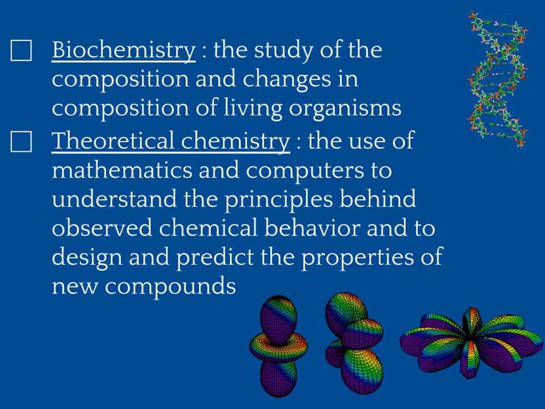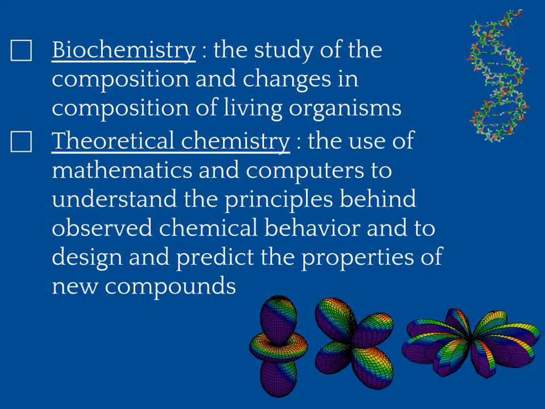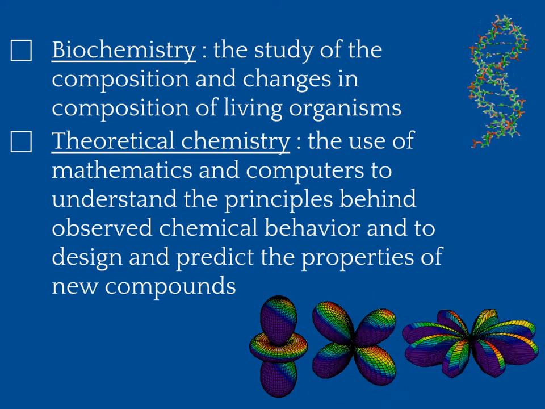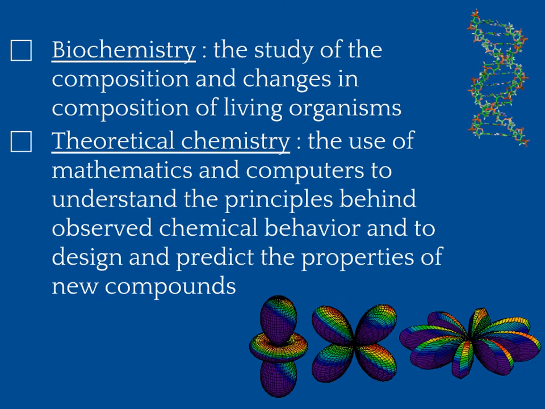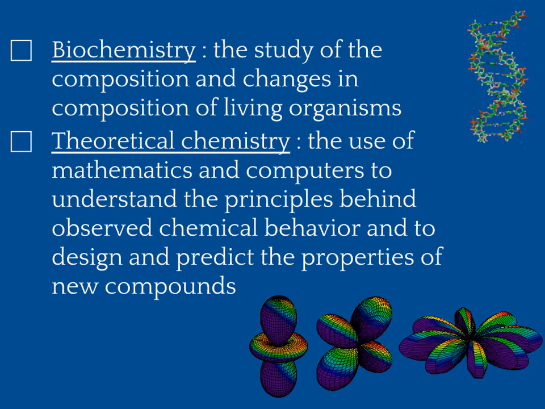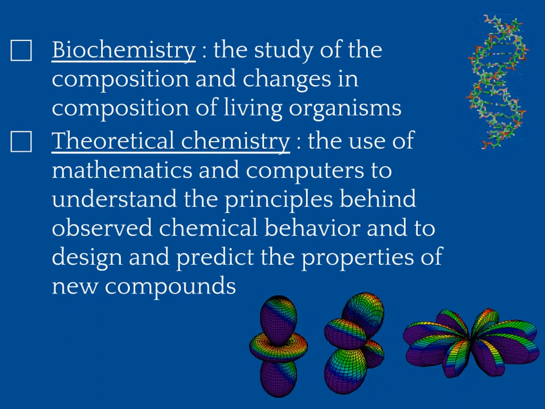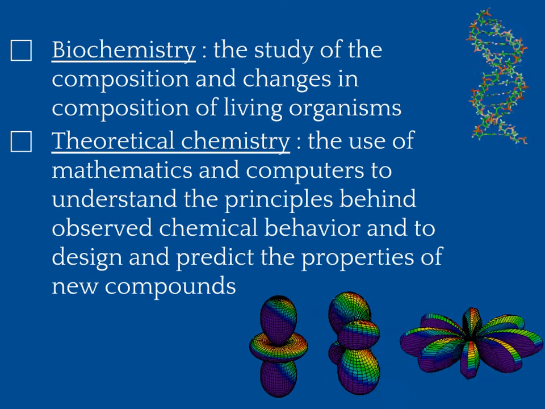For example, if we find a brand new substance, what kind of chemistry are we going to use to try to figure out what it's composed of? Analytical chemistry, right? Because we're going to analyze the substance. Once we figure out that it contains carbon, what kind of chemistry are we in now? Organic chemistry, right? If we're trying to look at what kind of properties it has, what kind of chemistry are we dealing with then?